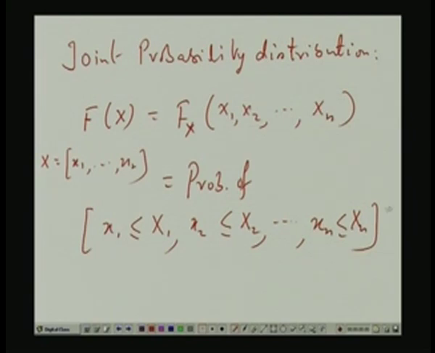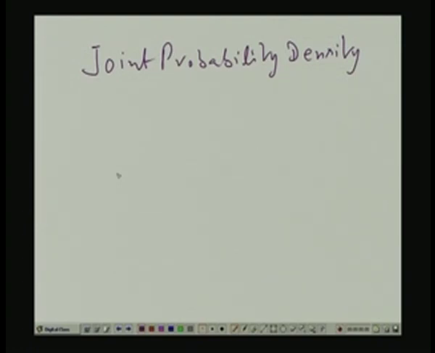In the same way, I can next define the joint probability density function. This simply requires us to differentiate the joint probability distribution function.